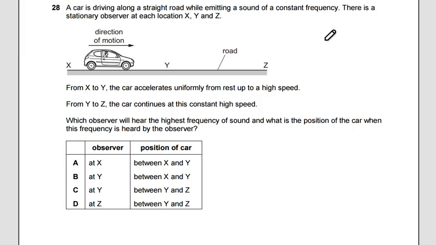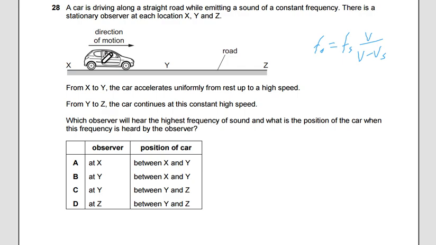We have the formula f node equals fs v over v minus vs for moving towards. It will not be x because we are moving away from it, and as we are moving away, frequency decreases and cannot be the highest frequency.